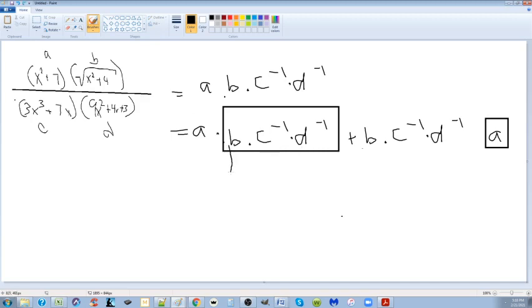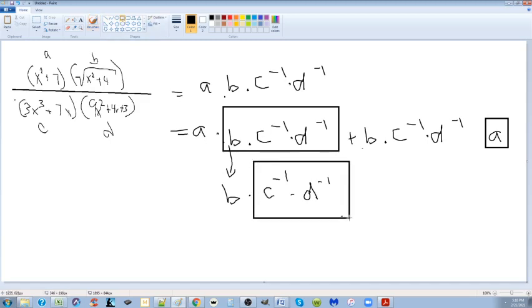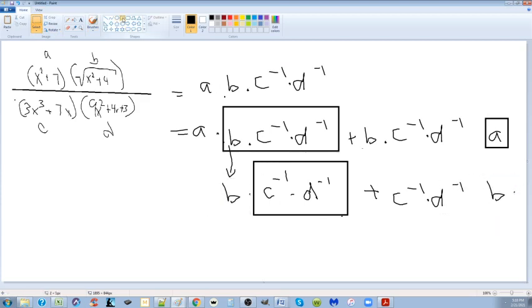So to figure out the derivative of this one, I have to say it's going to be B times the derivative of the second one, plus, this is just the product rule, plus just the second one times the derivative of B in a box. Derivative of B over here, easy to figure out, not a problem.